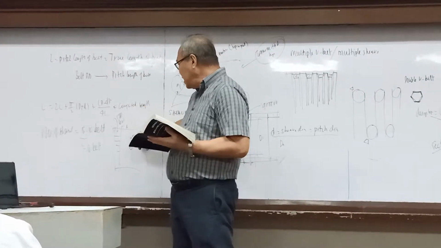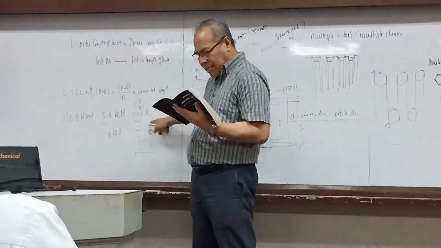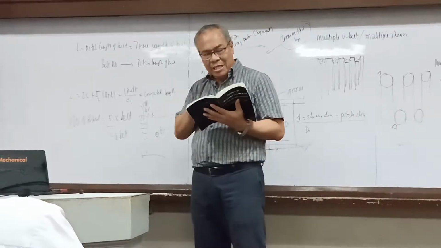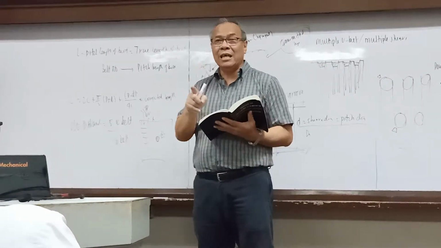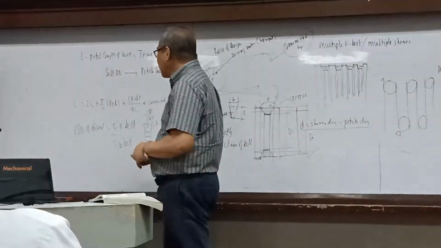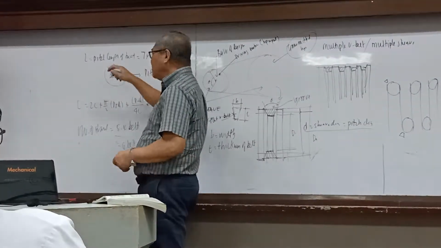So, nung pumunta ako ng table 17.7, wala siyang 89. Wala siyang 80. Ang pinakamalapit ay 90. So, 90 standard length designation. Now, ang gawin mo lang ganito. Yung belt number will be this one.